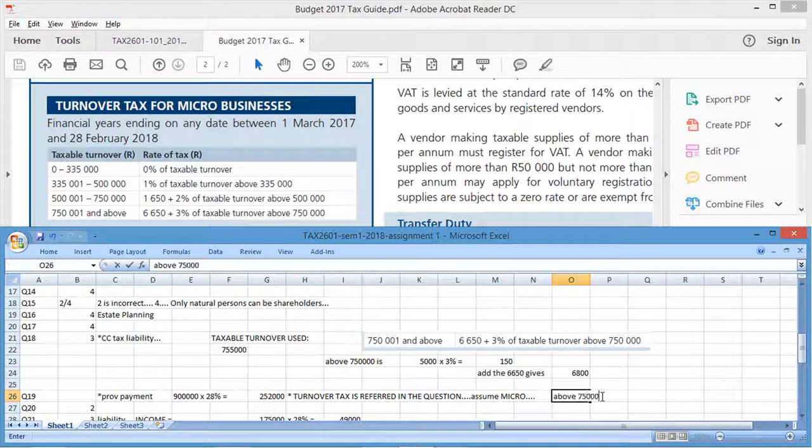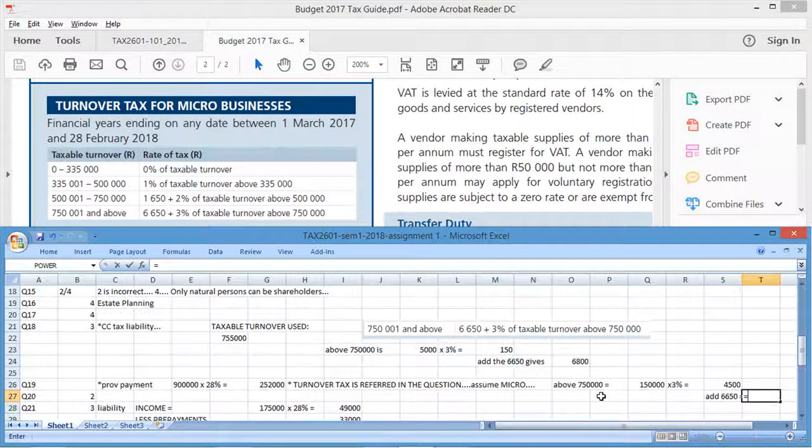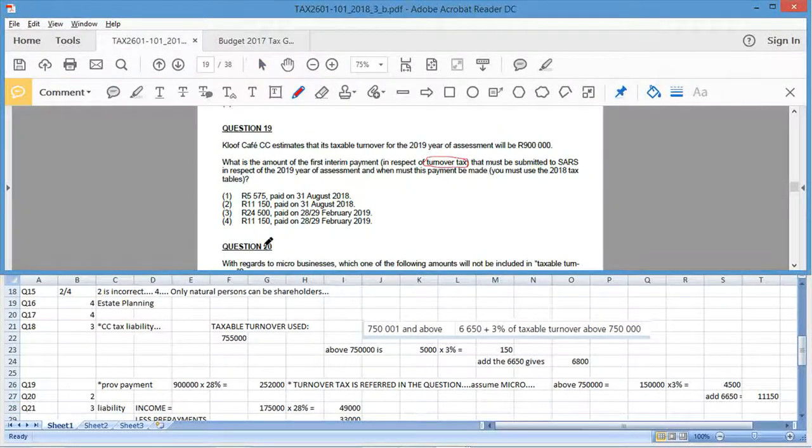Above 750,000: 900,000 minus 750,000 gives you that, times 3% gives you that, add 6,650 equals 11,150. So go back to the question, do we have that? Yes, we do.